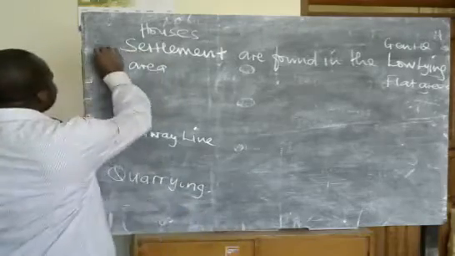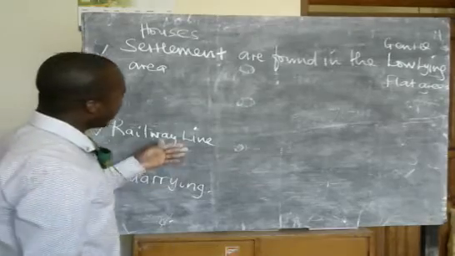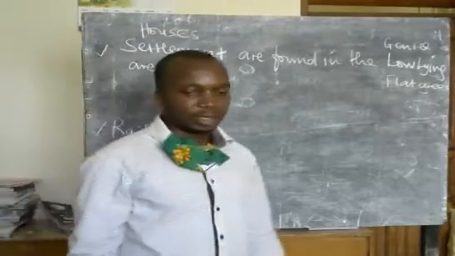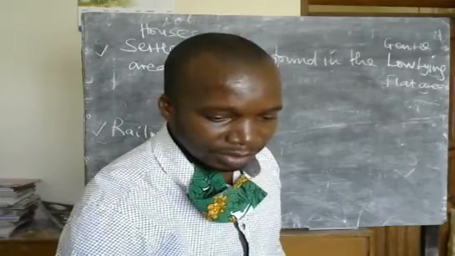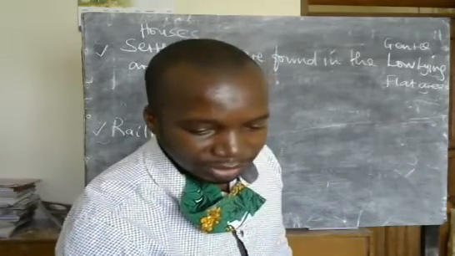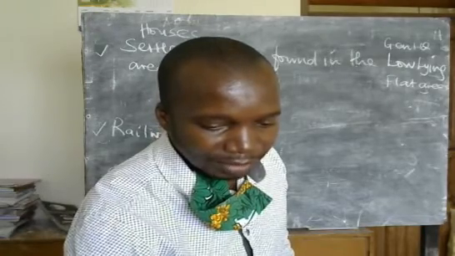Then two, we go to a second human feature, and that human feature is none other than the railway line.